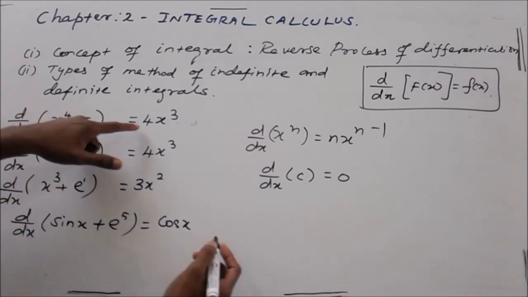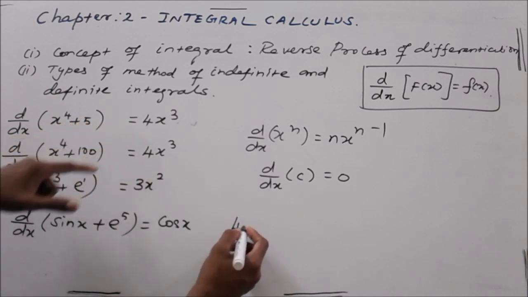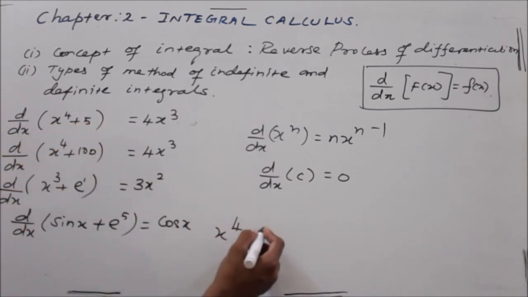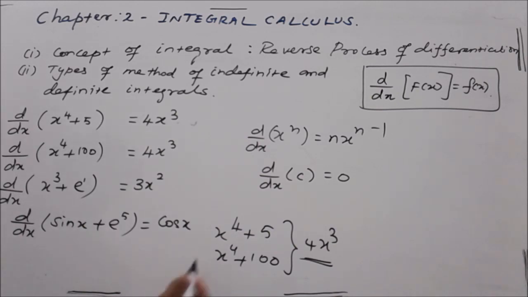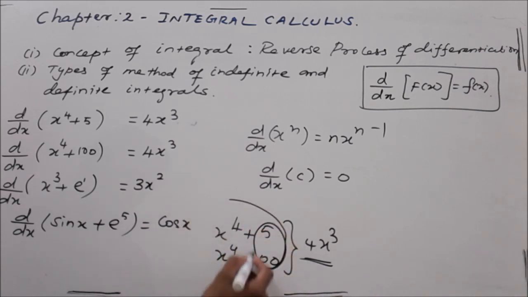The derived functions for x power 4 plus 5 and x power 4 plus 100 are equal, 4x cube. So we can conclude in this case that x power 4 plus c is the primitive function of the derived function 4x cube. These two constants are taken as c.